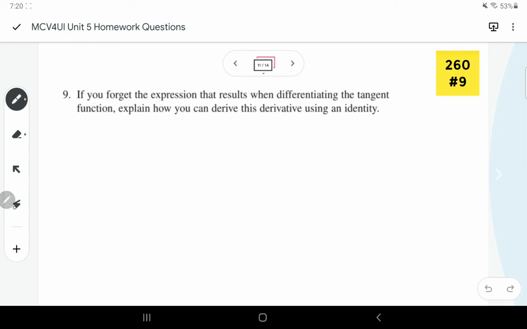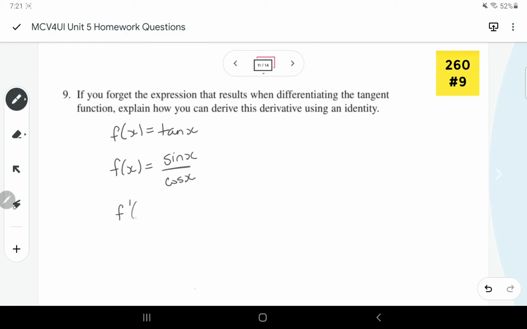So this one's kind of interesting. If you forget the expression that results when differentiating the tangent function, how can you do that with an identity? So if we had, excuse me, f of x equals tan x, what's the identity that we know for that? That's sine x over cos x. So now that we know the quotient rule, we can figure out what the derivative of tan x is using this identity.